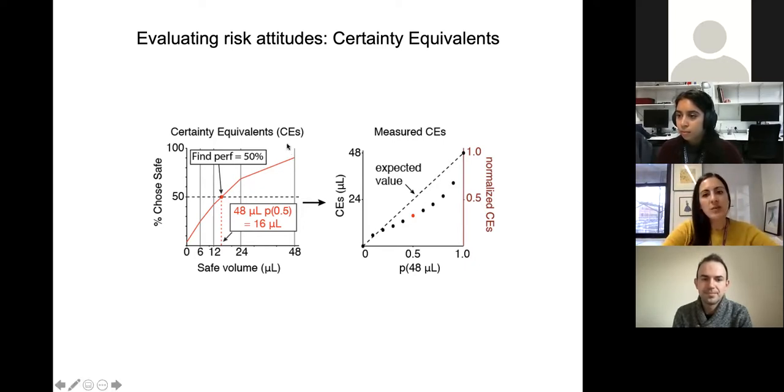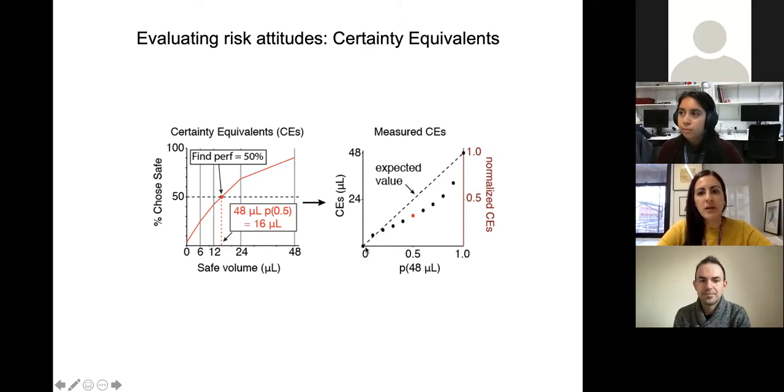what's called the certainty equivalent, which is basically a model-agnostic measure of risk attitude. The idea is, for a particular gamble, what is the guaranteed reward that you think is equally valuable to that gamble? If it is less than the expected value of the gamble, then you are risk averse, because you're taking a smaller amount to avoid the gamble. If it's greater, then you're risk seeking.